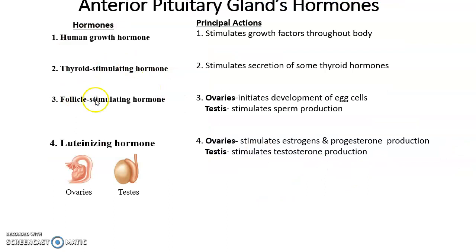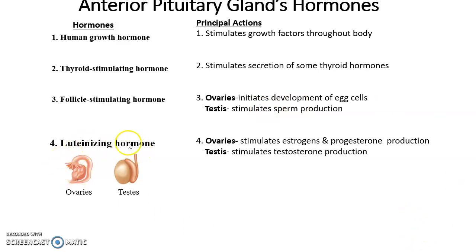All right, moving on. We have the follicle stimulating hormone, which we talked about in the reproductive system. Follicle stimulating hormone in the ovaries initiates the development of follicles of egg cells, and in the testes stimulates the production of sperm. So both males and females have follicle stimulating hormone controlling the development of their gametes.